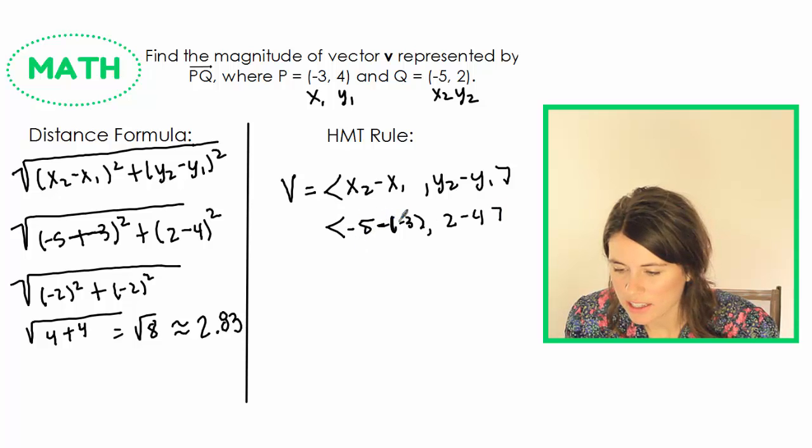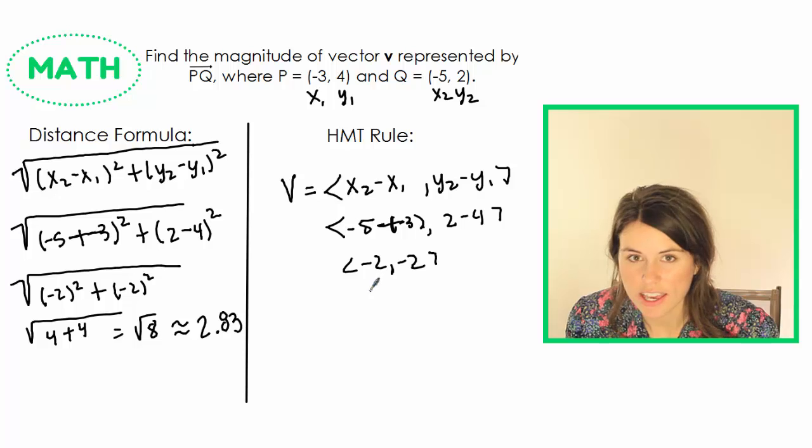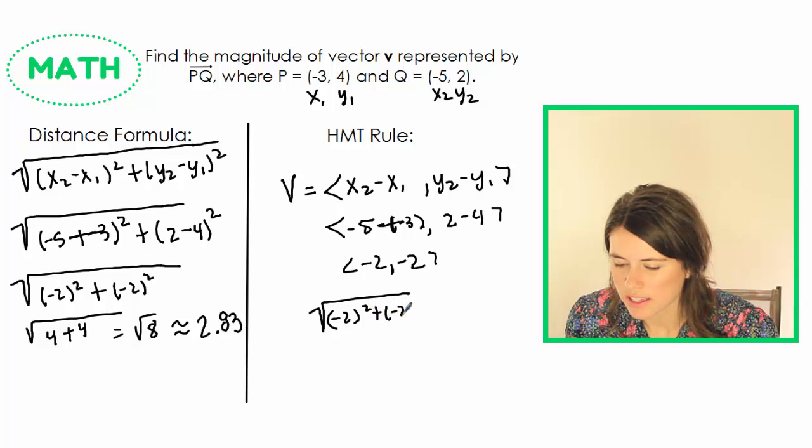That's going to again give me -2, and that's going to give me -2. And then from there, we use that other formula that said just take a squared plus b squared and the square root of that. So it's -2 squared plus -2 squared, which again is going to give us the square root of 4 plus 4, which is the square root of 8, and that's approximately 2.83.